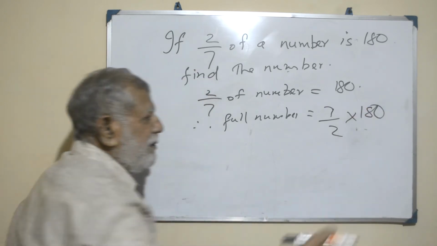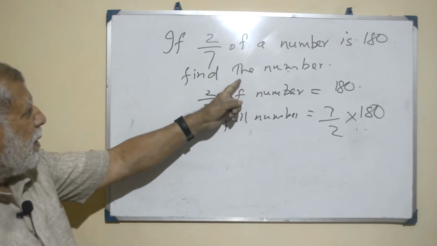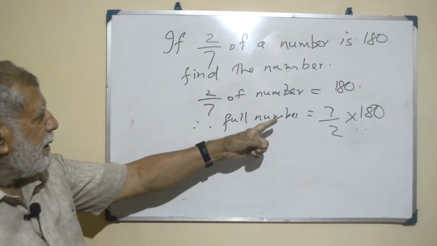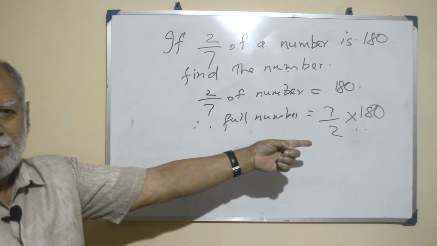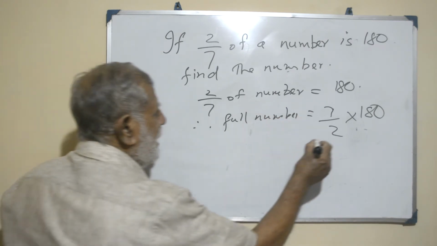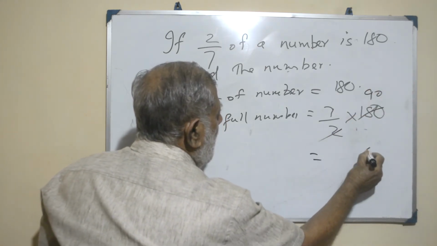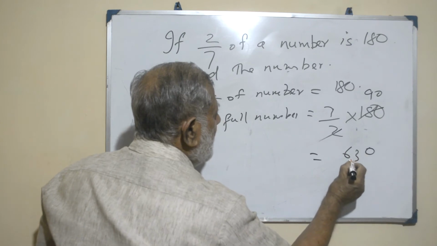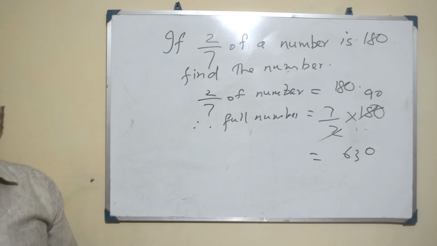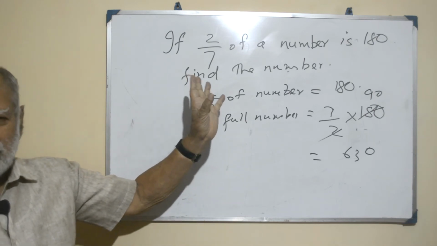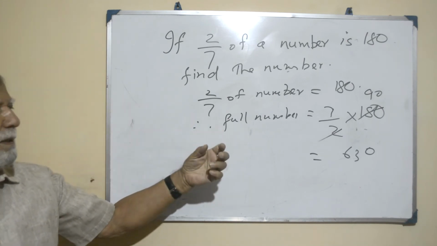Now you must memorize this method. So 2/7 of the number is 180, the full number is 7 upon 2 into 180. Now cancel the 180 and 2. That is 90, into 7 equals 630. So the full number is 630. You must memorize this method, children, because everywhere in fraction problems, very often we get this type of sum.